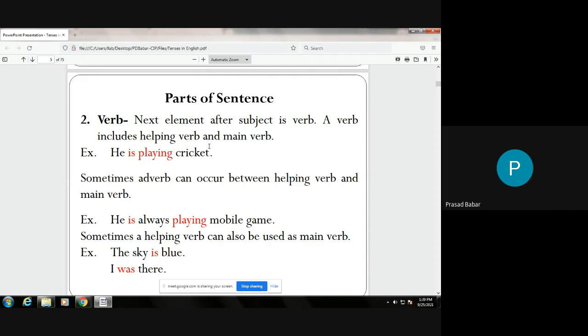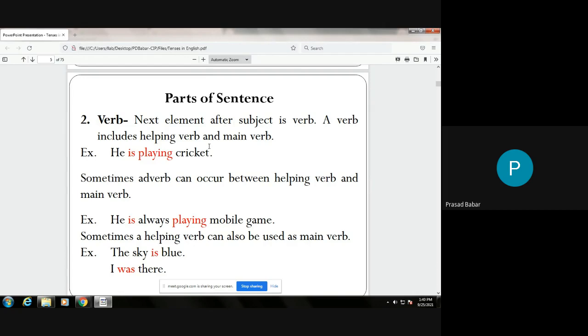He is always playing mobile game. So here he is the subject. Is is called a verb. Always is the adverb. Playing is also a verb.